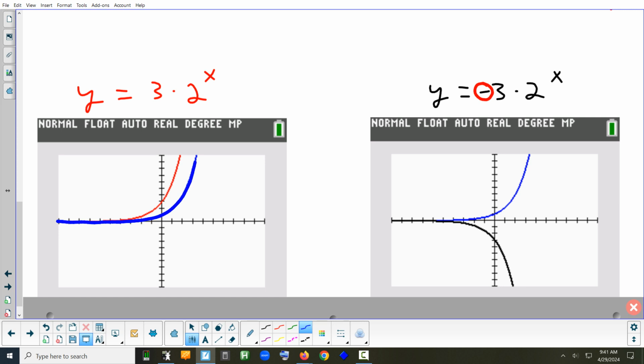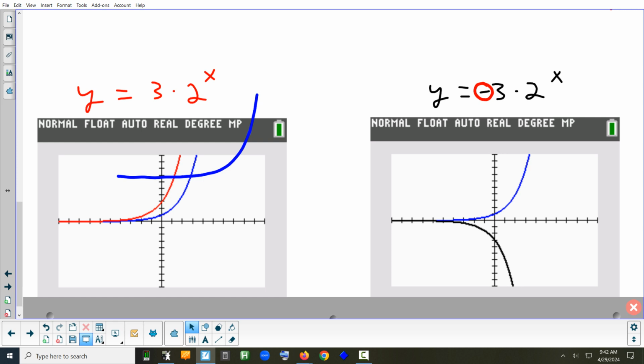Let me trace over the blue one. And let me see if I can stretch this a little bit. Okay, I'm going to take this and I'm going to stretch it. All I did was pull it vertically a little bit. And notice if I do that and then move it up, it lines up perfect.